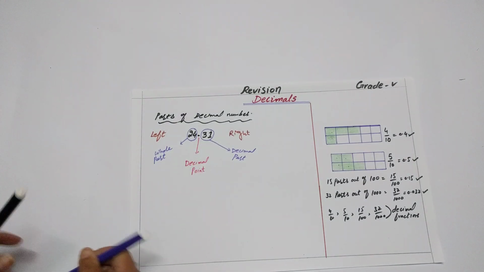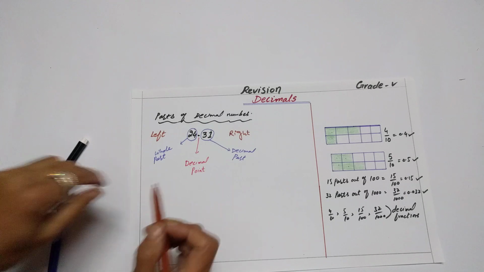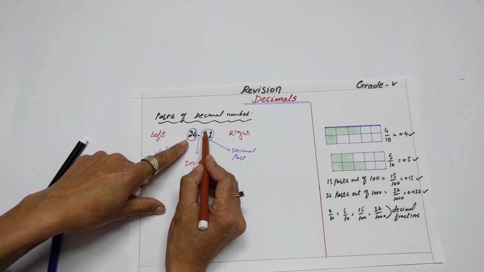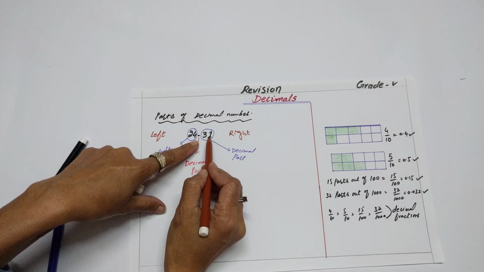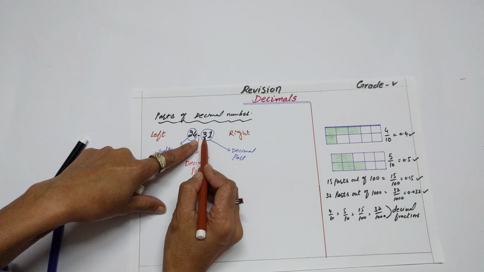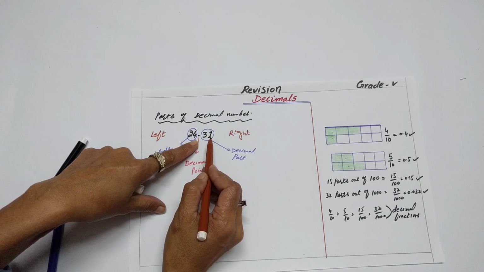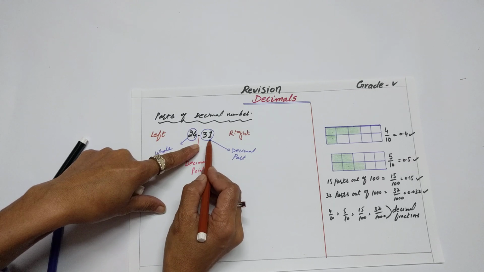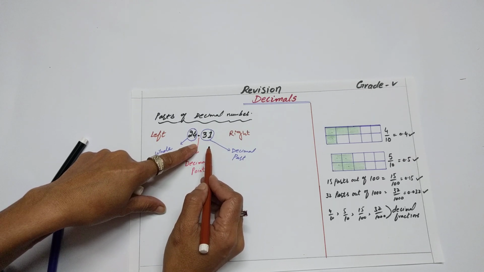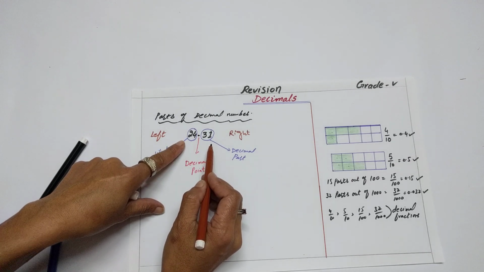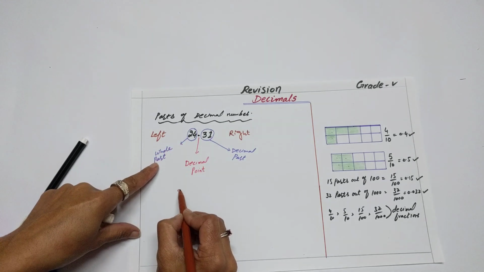Clear? This is your decimal point, and there are two digits after it. So the number of digits after the decimal point are called the number of decimal places. In this number, 24.31, there are two decimal places.